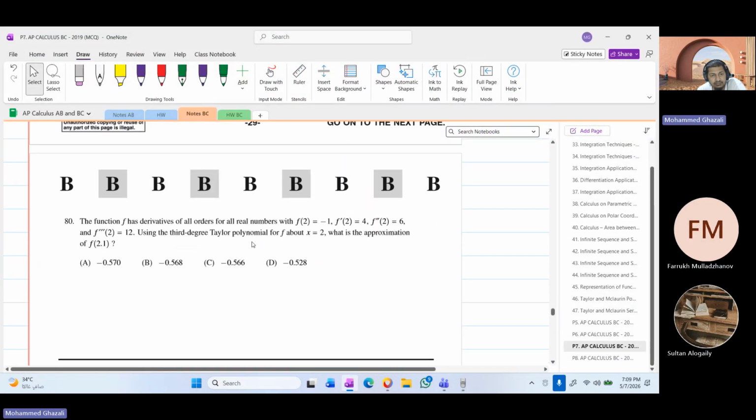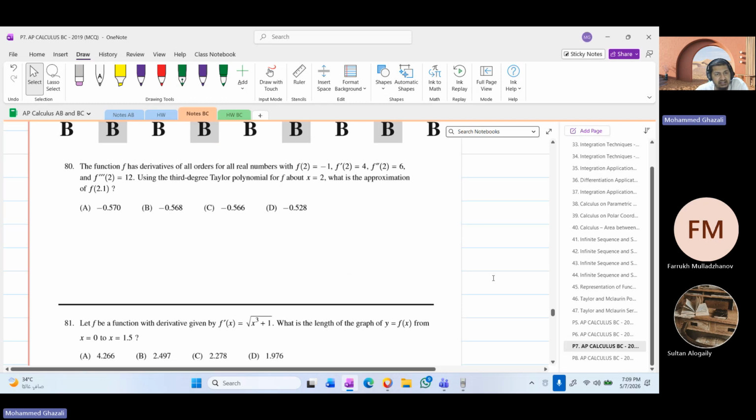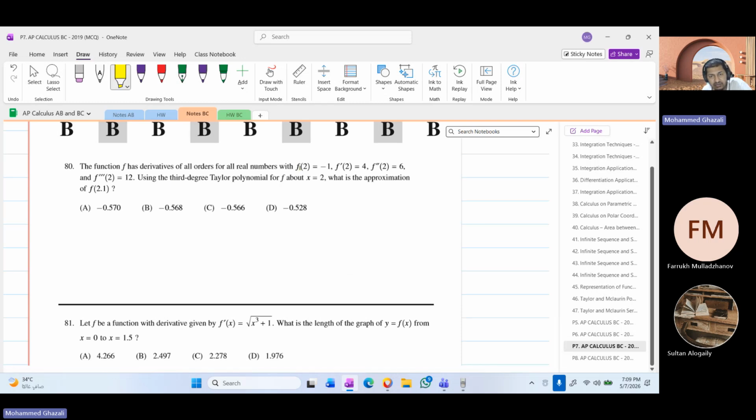Next one. The function f has derivatives of all orders for all real numbers, with f of 2 equal to -1, f prime of 2 is 4, f double prime of 2 is 6, and f triple prime of 2 is 12. Using the third degree Taylor polynomial for f about x equals 2, when they say x equals 2, they mean c equals 2.